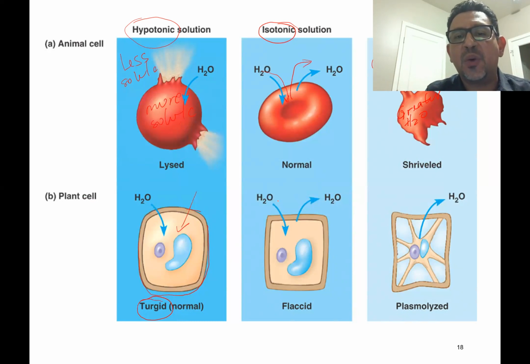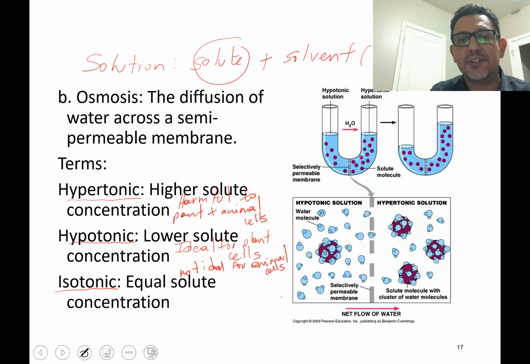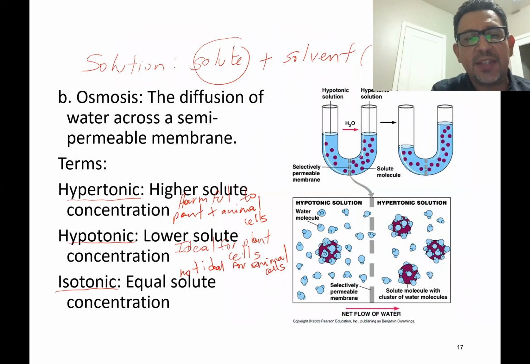So in this situation where water moves in at the same rate as water moves out, the plant cell never develops the internal turgor pressure they like to have. Instead of being turgid, this cell is going to be flaccid, and that is not ideal for a plant cell. So finally, we can say that in an isotonic environment, yes, animal cells will thrive. This is ideal for animal cells.